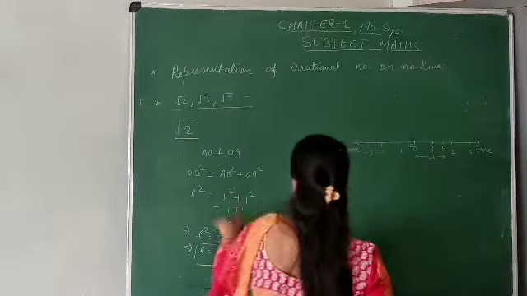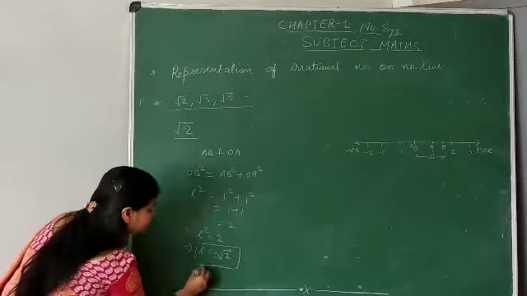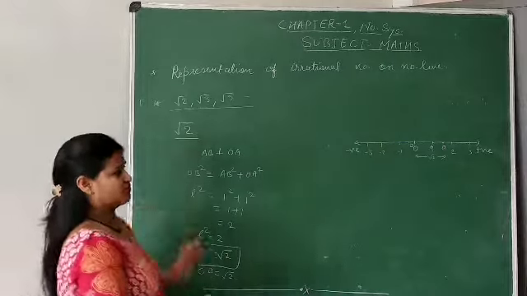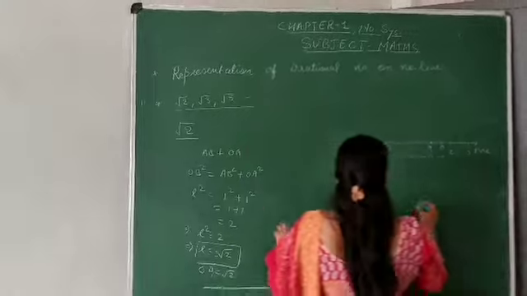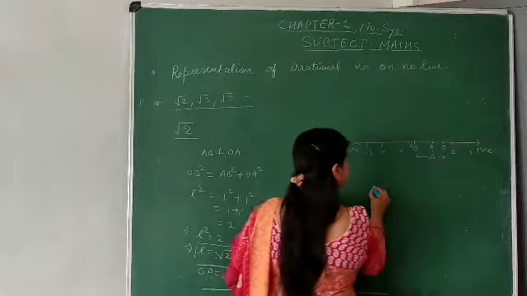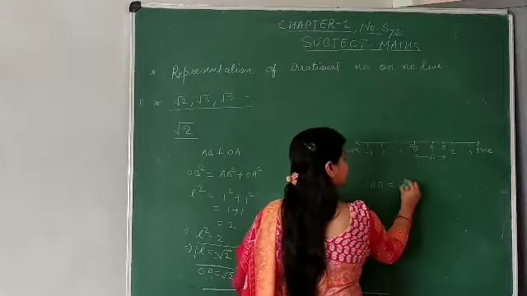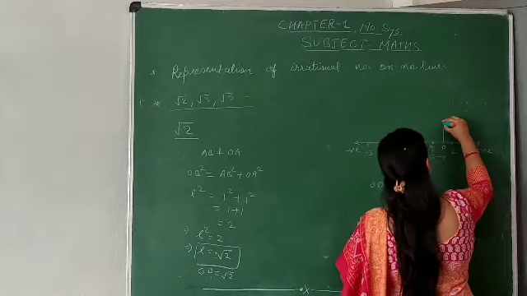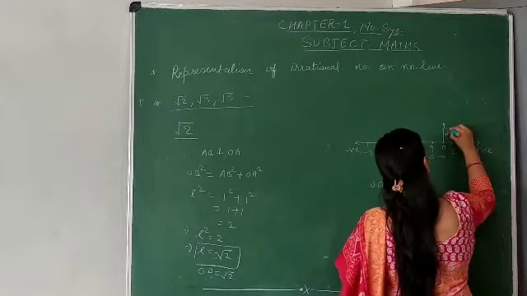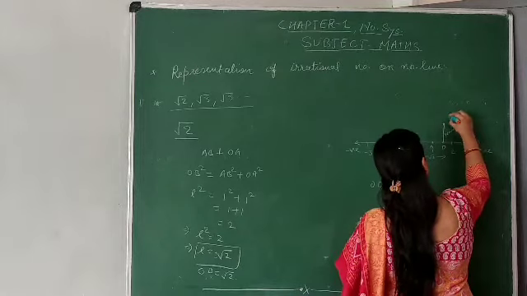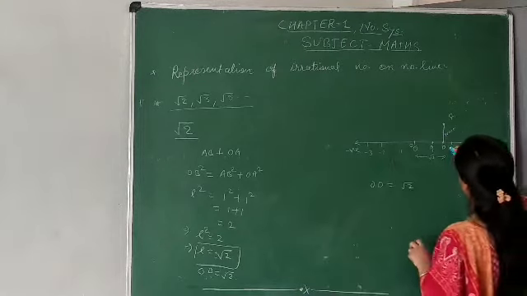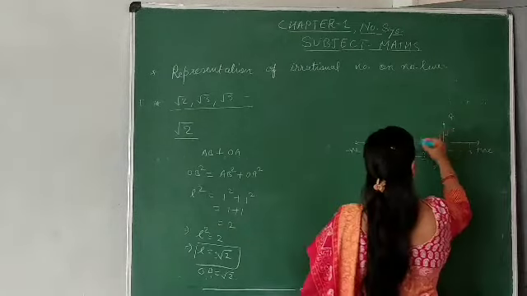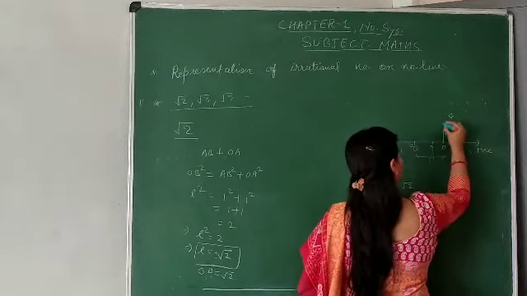OD की डिस्टेंस root 2 है. हम ये पहले रिप्रेजेंट कर चुके हैं. OD is root 2. Let OD be a base. OD is the base of the triangle, and we draw again a perpendicular from the point D of 1 unit, that is DF. DF is 1 unit. Join DF, join OF.